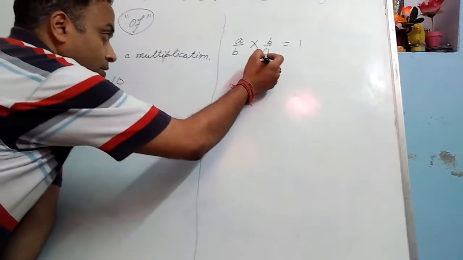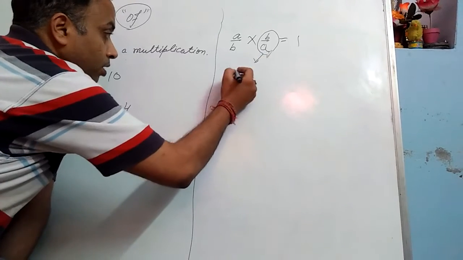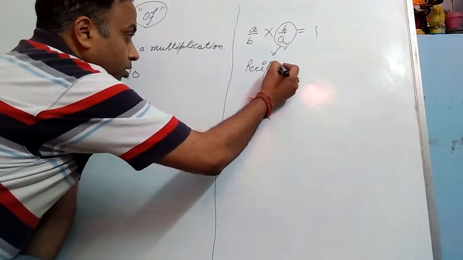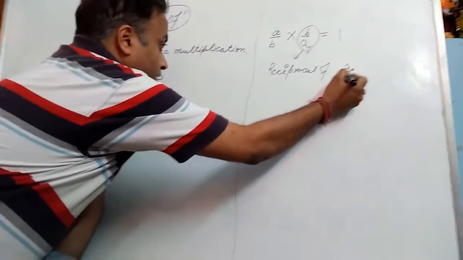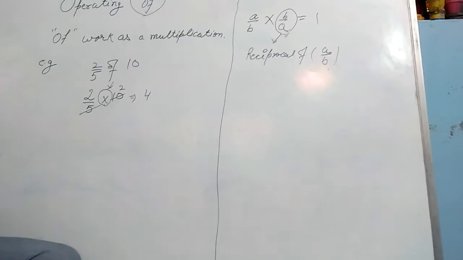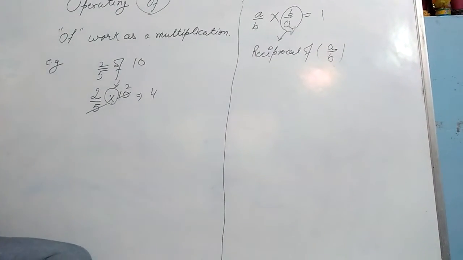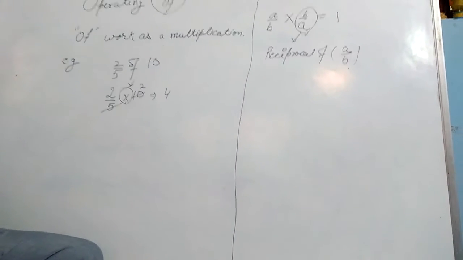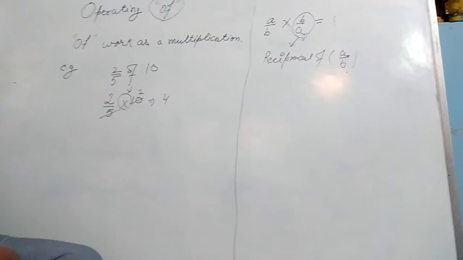So it means this b upon a is called reciprocal of given fraction a upon b. So this reciprocal of a number is also called a multiplicative inverse of a given number.